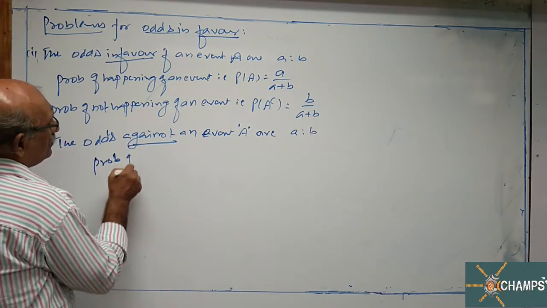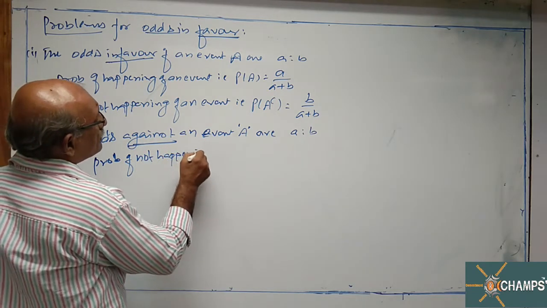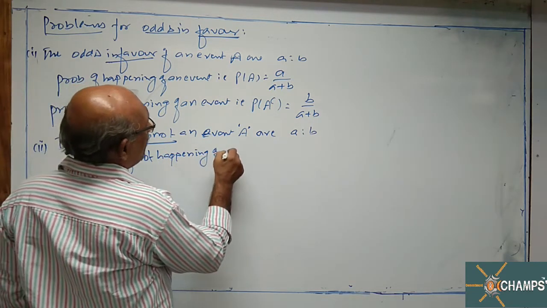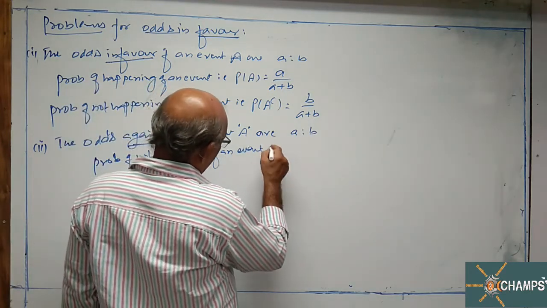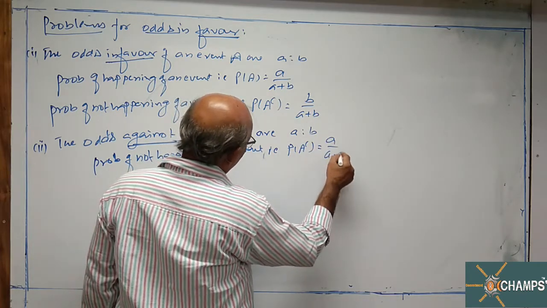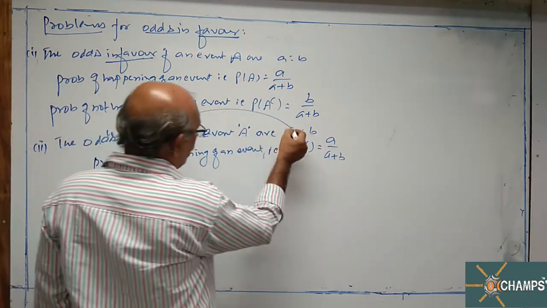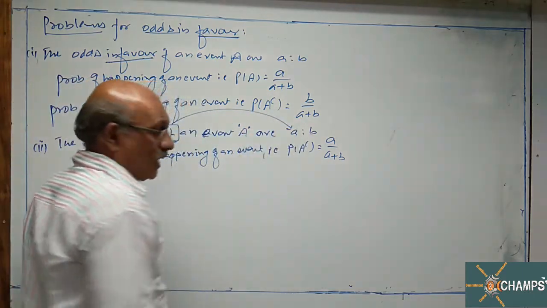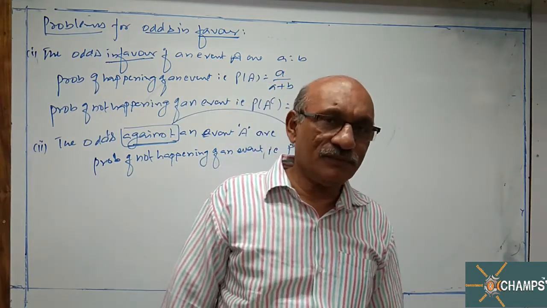So how can I write? Probability of not happening of an event, that is P of A complement, is A by A plus B, because it is against. A cases are against and B cases are in favor.